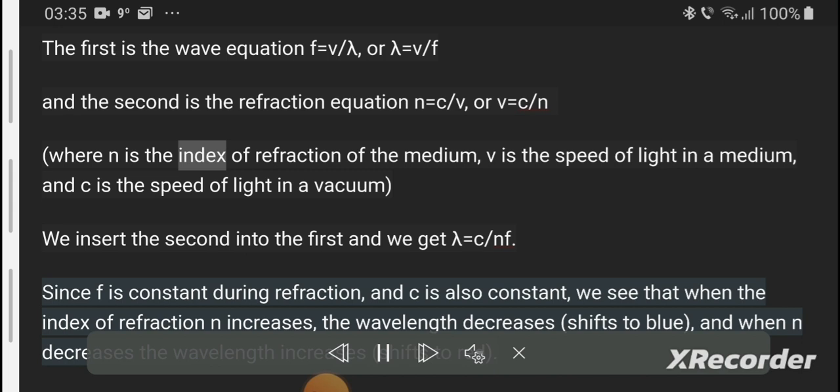Where n is the index of refraction of the medium, v is the speed of light in a medium, and c is the speed of light in a vacuum. We insert the second into the first and we get lambda equals c/(nf). Since f is constant during refraction, and c is also constant, we see that when the index of refraction n increases, the wavelength decreases, shifts to blue, and when n decreases the wavelength increases, shifts to red.